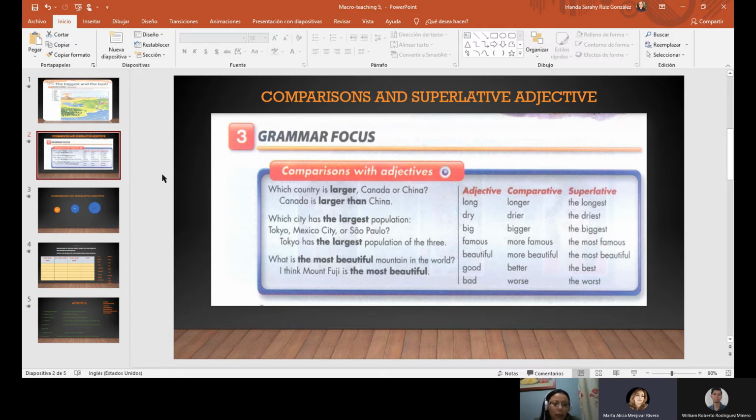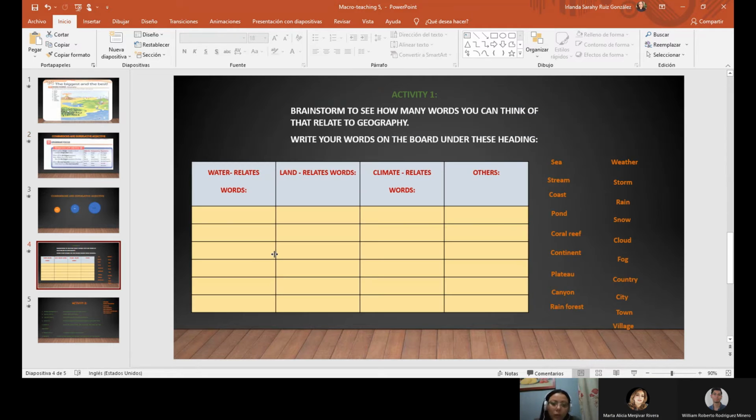Well, to continue with this class, I'm going to develop this activity with you, and you have to fill in the spaces as appropriate using the vocabulary that we reviewed previously with Marta on page 92 of your student book.